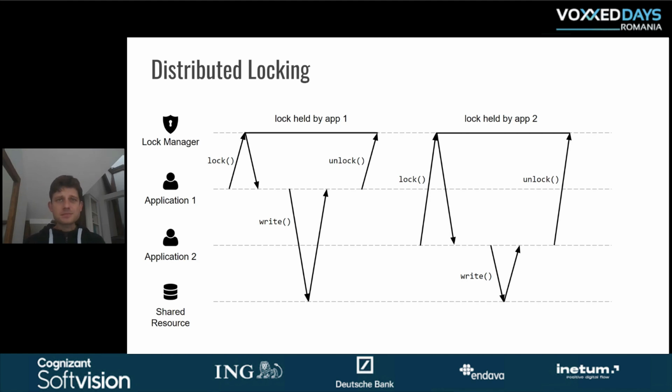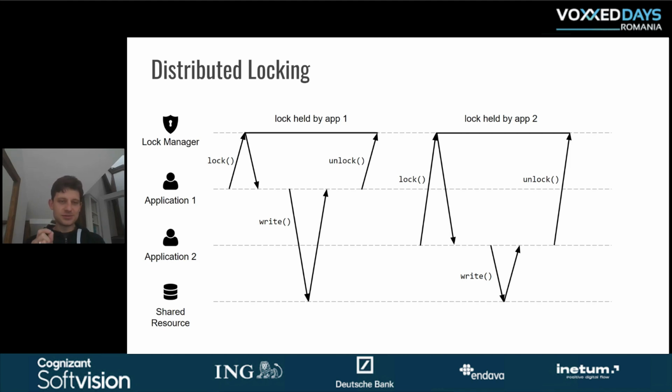But if you think about it, this scenario does not really differ much from a non-distributed lock. You acquire a lock, you use some shared resource, you release the lock. However, the fact that it runs over the network is a big thing.